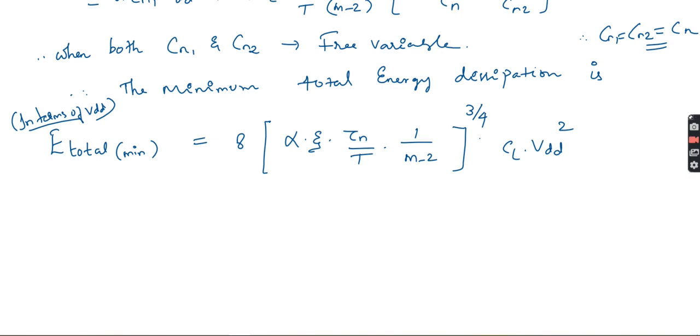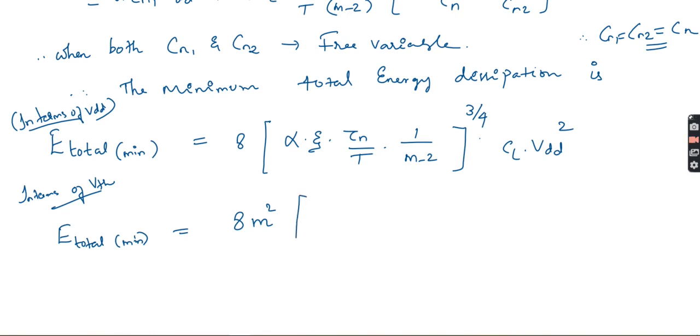So in the above expression you consider the Cn1 because both are free variables. When both are free variables, we can do it this way. So we'll get the expression like this. Next, in terms of VTH, E total minimum is equal to 8 m square, because previously for the first stage we wrote in terms of VDD and also in terms of VTH.